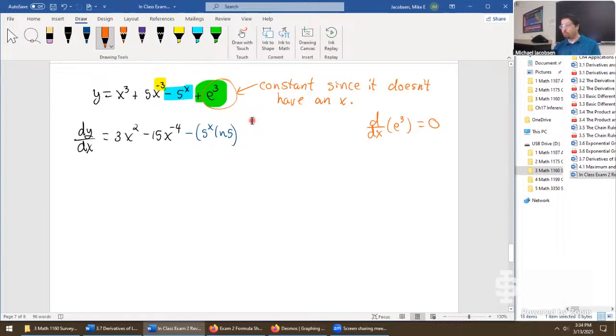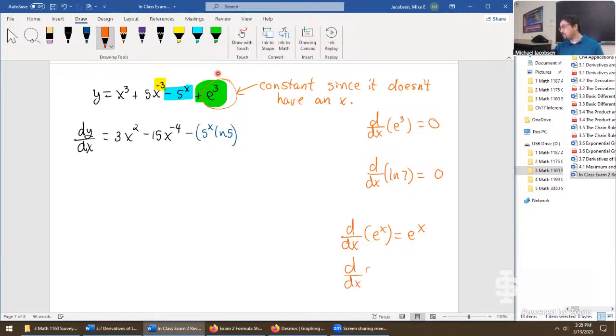Those are always weird, so watch out, even this could come up. D by dx of natural log 7. This one's come up in our notes as well, even before we got into the logarithm section 3.7, because it's also constant. What makes it a really nasty problem is what everyone's expecting when they see it. D by dx of e to the x or something like that does give us e to the x.